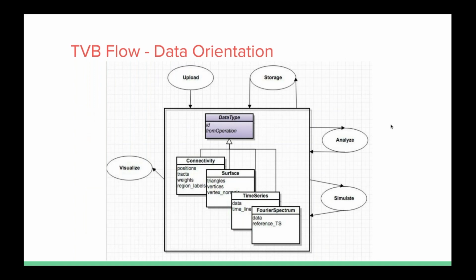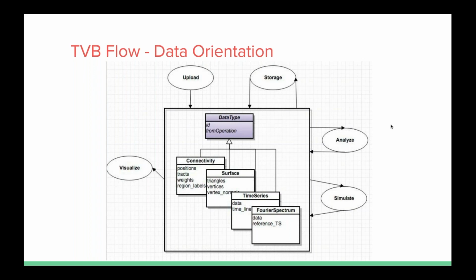Within TVB, we evolved towards an architecture which is data-oriented, meaning that our data are organized in a graph, like the structural connectivity, the cortical surface, time series, and so forth. All these are classes in the software code, and on the drive, they are files. So we have one HDF5 file for the structural connectivity, one file for the cortical surface, one for the time series, and so forth.